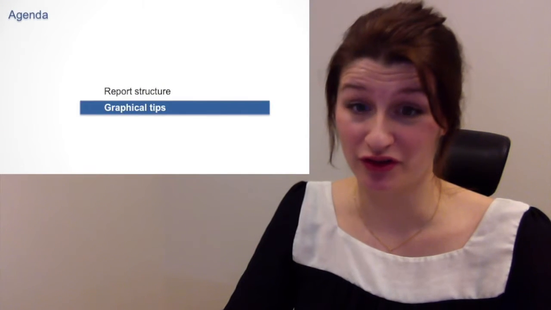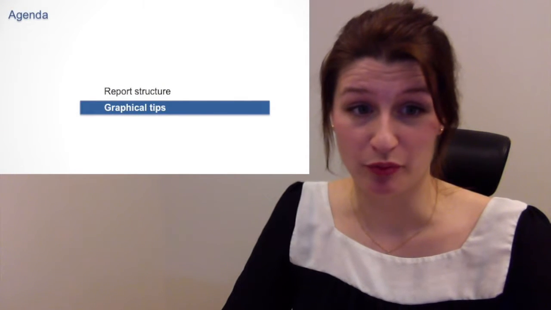Okay? And now we go on to the graphical structure, which is probably the most important part here. And this is a presentation where you would want to seem very professional, but you don't want to be dull either.